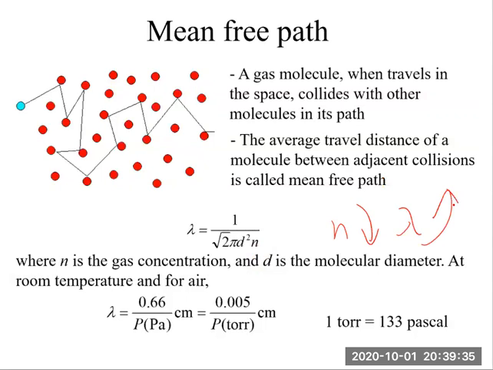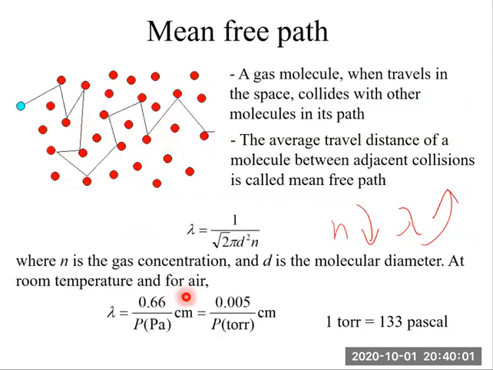If we reduce the gas pressure, the mean-free path will increase, because there will be fewer molecules in the space and fewer collisions. So the mean-free path becomes longer. That's common sense, or intuition.